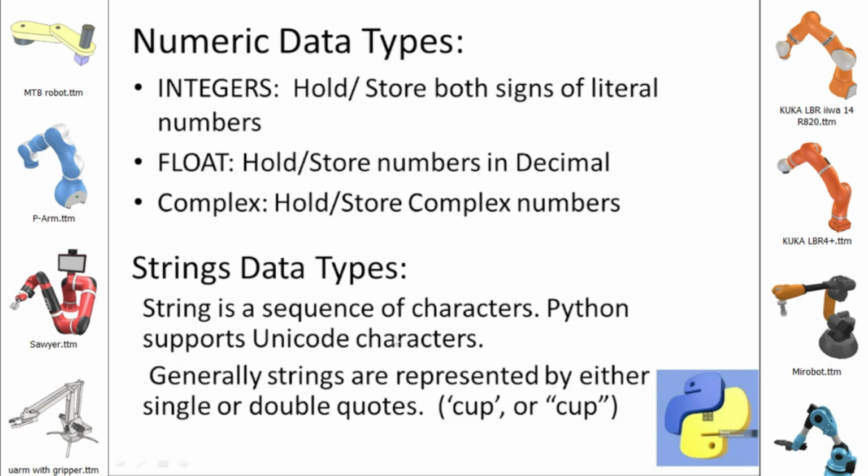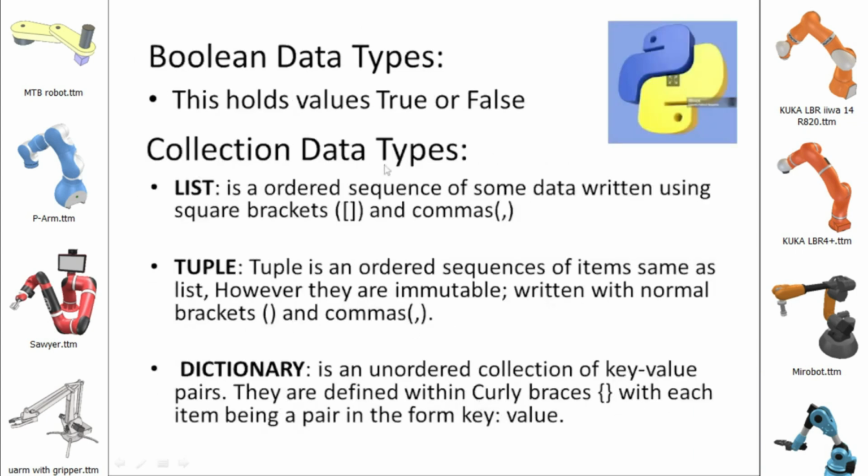Complex numbers, strings, we've talked about them. A sequence of characters or a single character. And if you want to represent or write a string data type, you write it in a double quotation or a single quotation. Booleans hold and store true or false, either of the two. That's basically what it is.